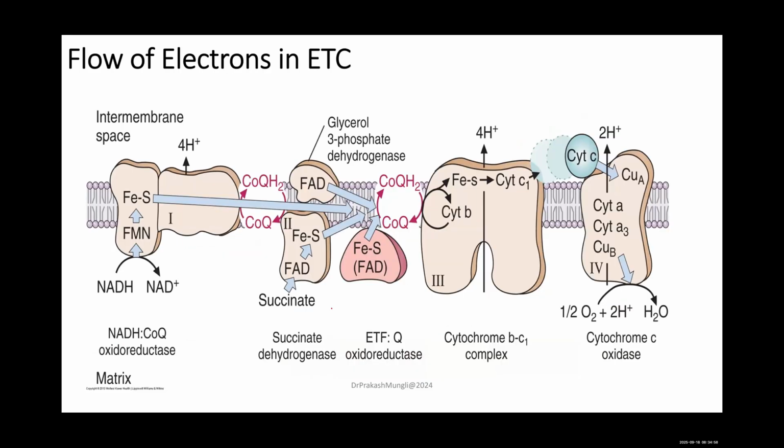Coming to the flow of electrons in the electron transport chain. How exactly do electrons flow in these complexes? So this figure looks a bit complicated because of the way it is written, but I'll try to explain and simplify it as much as possible. Before I start explaining the flow of electrons in the electron transport chain, you got to remember one thing here.